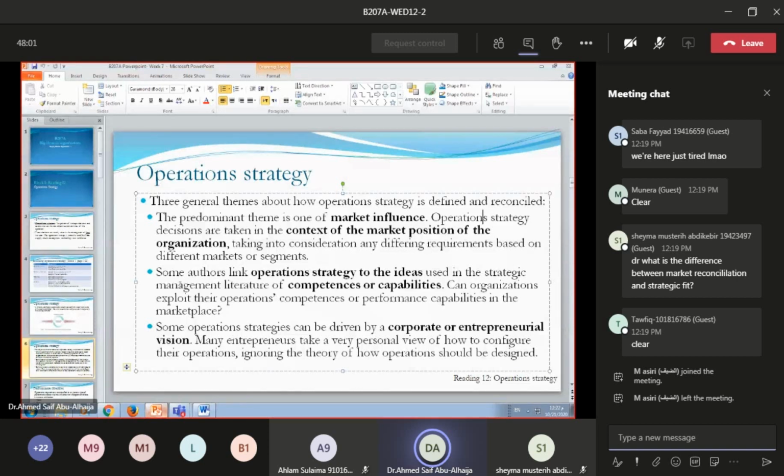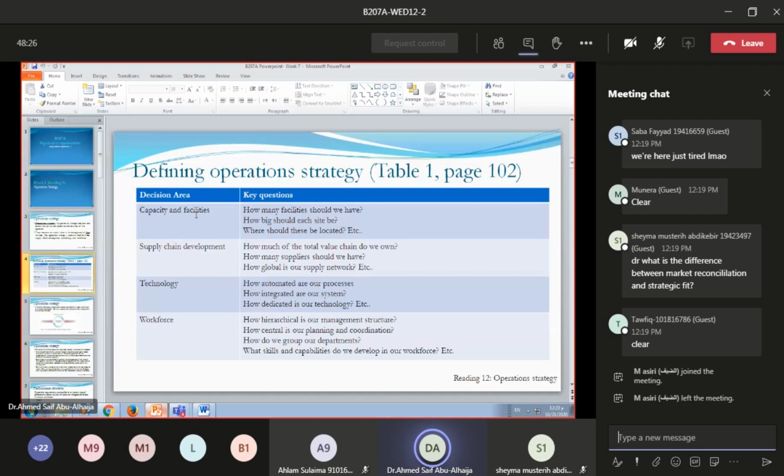What else? Some authors or researchers connect the operation strategy to the ideas used in the strategic management literature of competencies. Yes, for sure, there is a link. Once we talk about operation strategy, we are talking about the four important areas, remember them or did you forget them? Capacity and facilities, supply chain development, technology and workforce, and how to use them effectively and efficiently in order to make the customer happy.